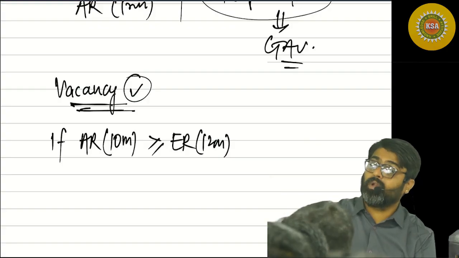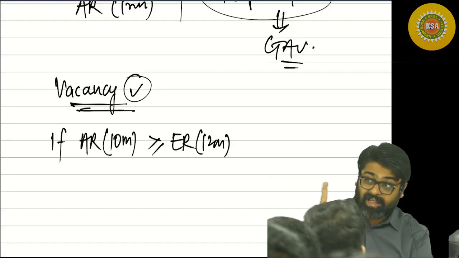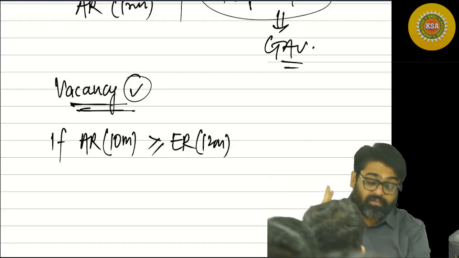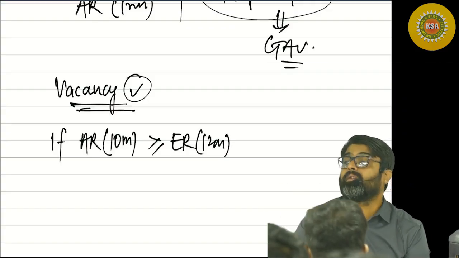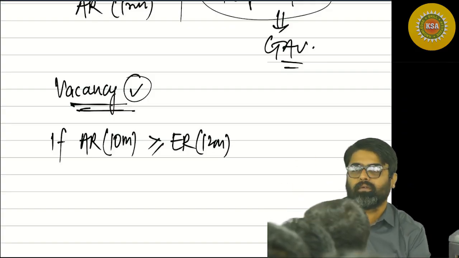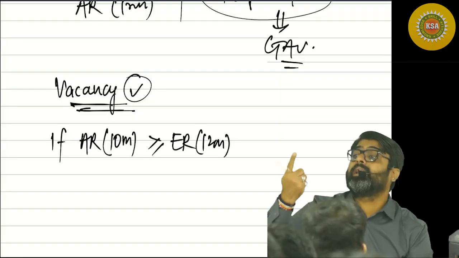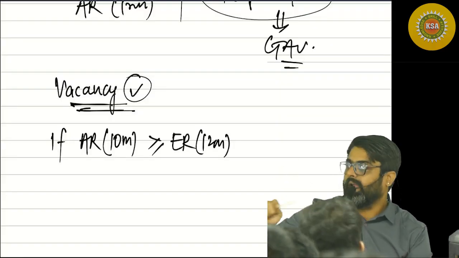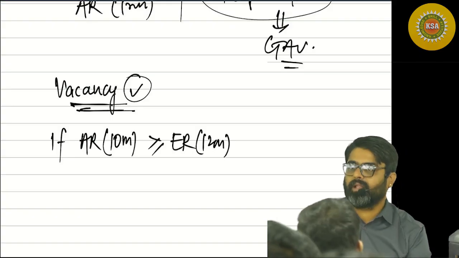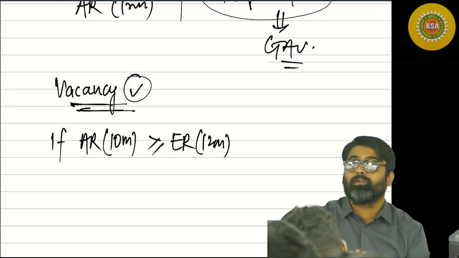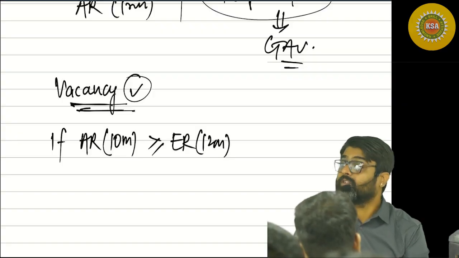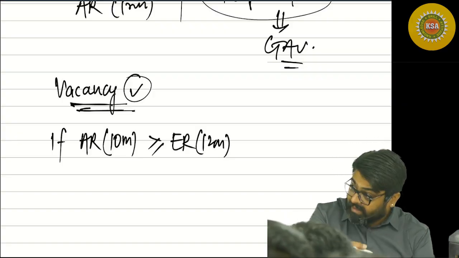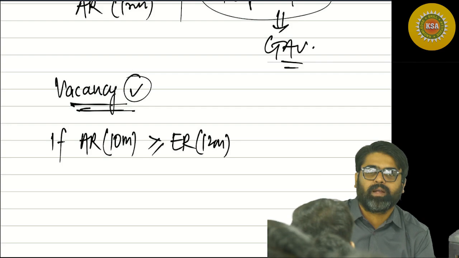Even if there is 2 months vacancy, my actual rent is still higher than your expectation. If vacancy was not there, it would have been even more than the expected rent. Getting my point?